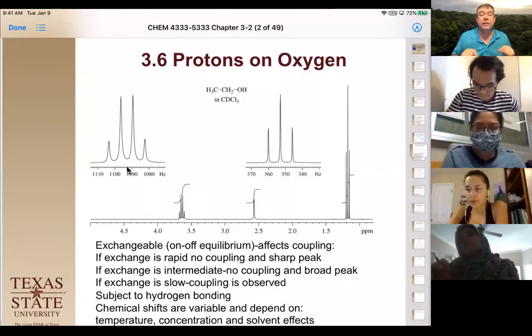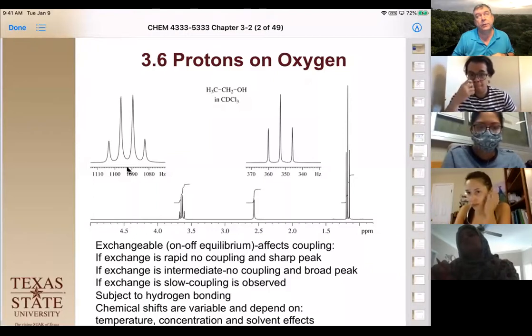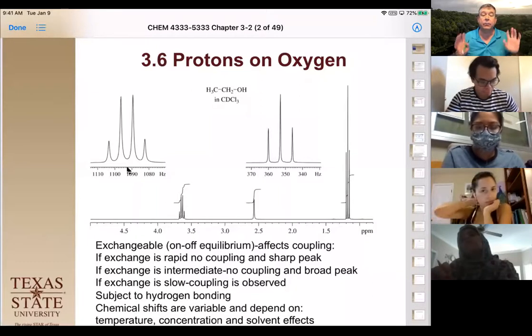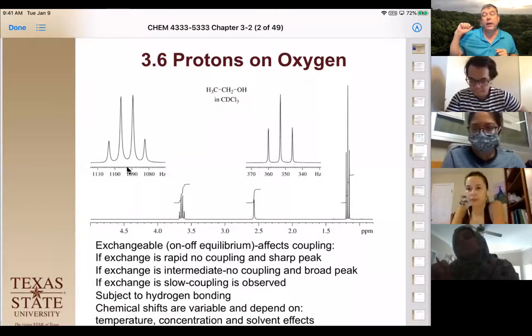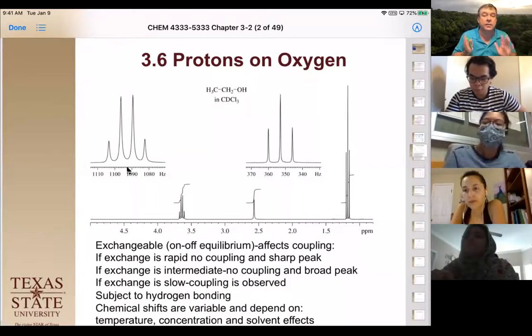However, if the exchange rate is so low in a solvent, specifically like deuterated DMSO, we can actually observe the coupling through it. And so this is all about the hydrogen bonding available to it in that solvent, and therefore it is really dependent on that. If you have a lot of water contaminating your system, it's probably going to broaden out and exchange. If you have a really clean solvent that doesn't have any acidic protons on it, you'll probably get coupling. So we'll see this again and again.